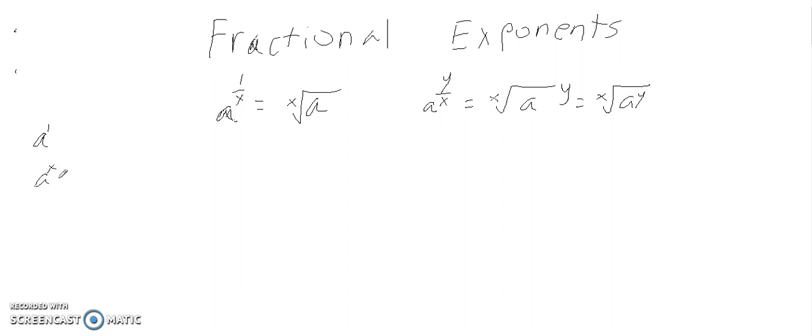If we do it again, a to the x to the x, that would be a to the x squared. I'm going to get rid of these really quick. Keep everything in order.